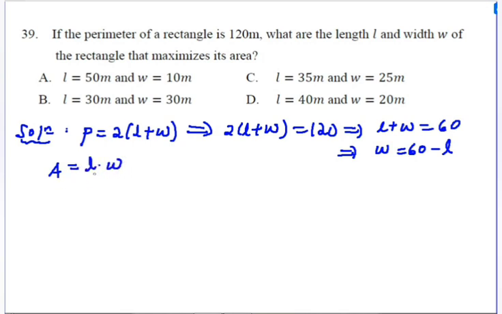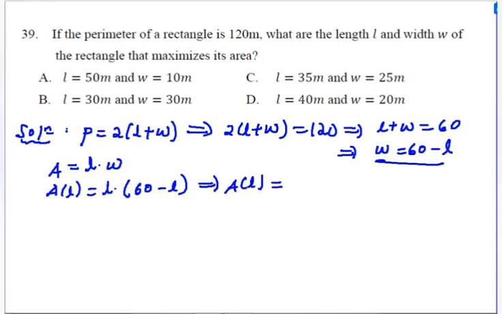So we can write the area in terms of L. Area as a function of L is L times W, and W is 60 minus L. You can substitute 60 minus L in place of W. Therefore, area as a function of L can be expressed as 60L minus L squared.